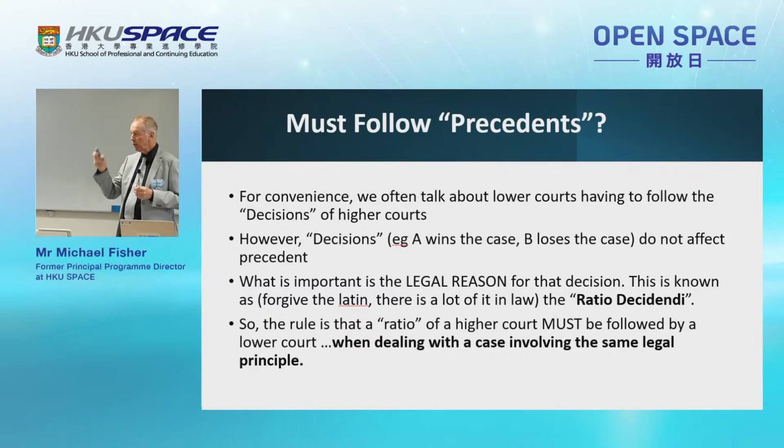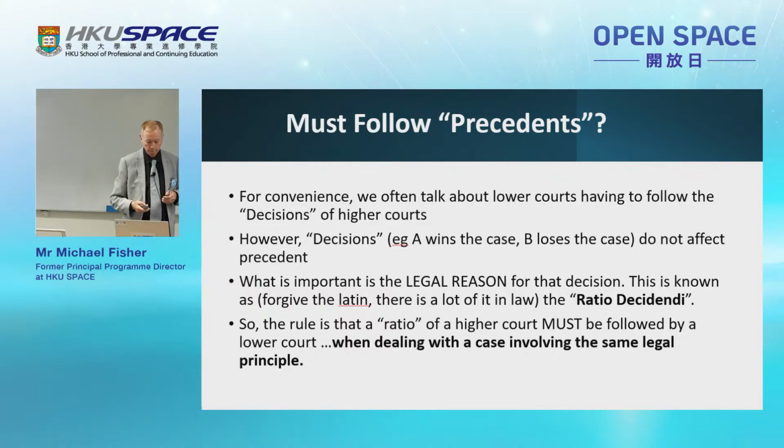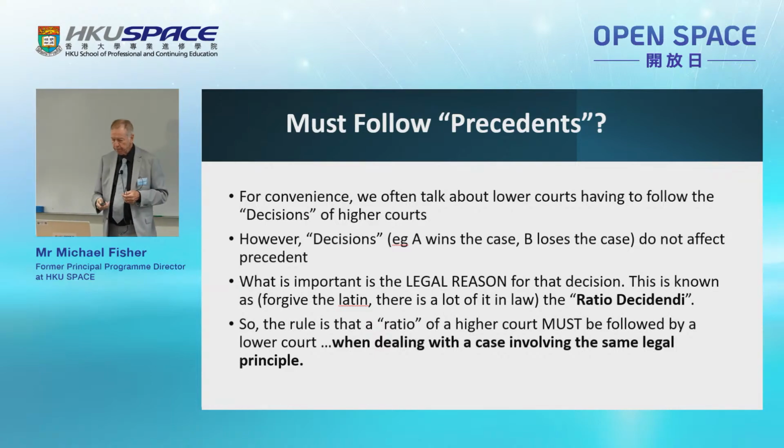If you study the legal system, you have to get used to finding what the ratio decidendi of a court is. So this is the principle of precedent: the reason for the decision of a higher court must be followed by a lower court if it is dealing with the same legal principle.